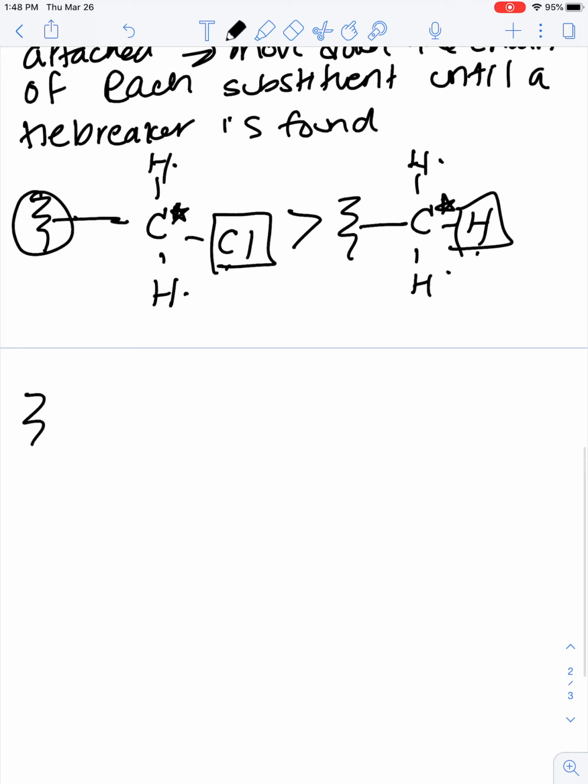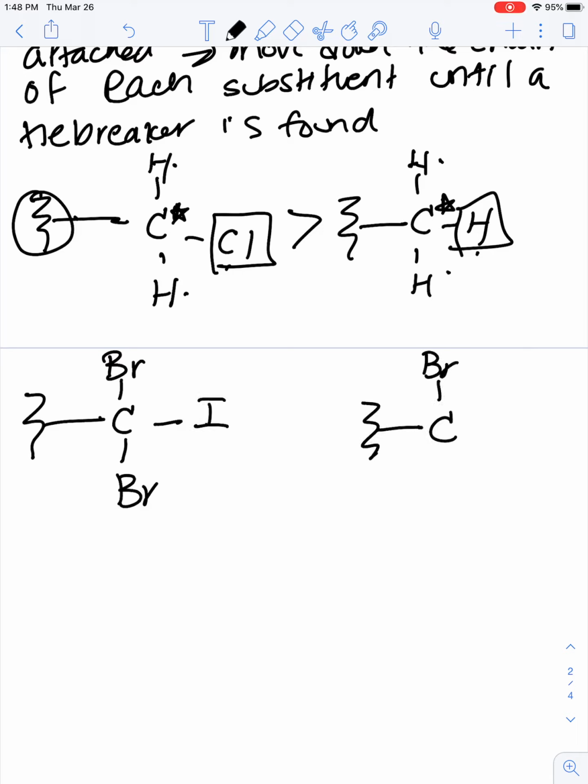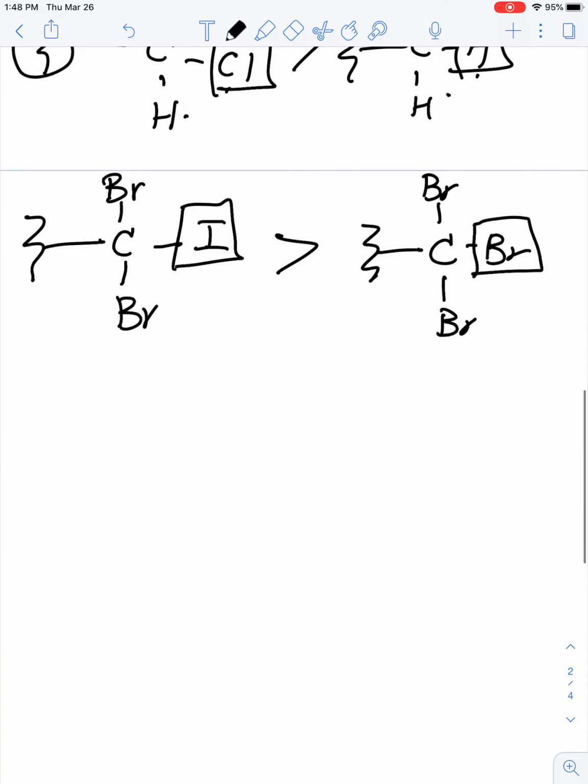If we look at another example, again, we have some chain, and then we have this substituent coming off the chain versus that same chain with this substituent coming off. Each of them has 2 bromines. The difference is this one has a bromine attached, this one has an iodine attached. So this one would take priority just again because of the higher atomic number.